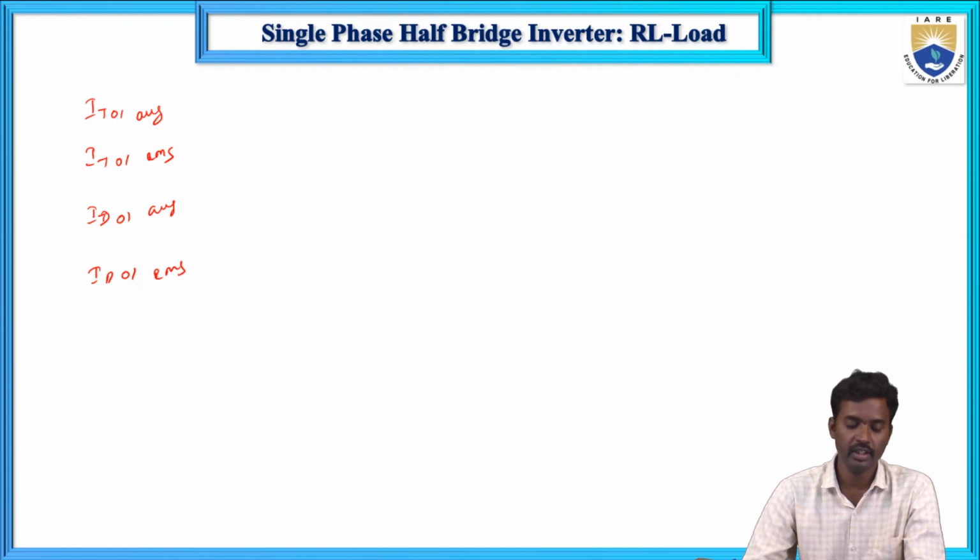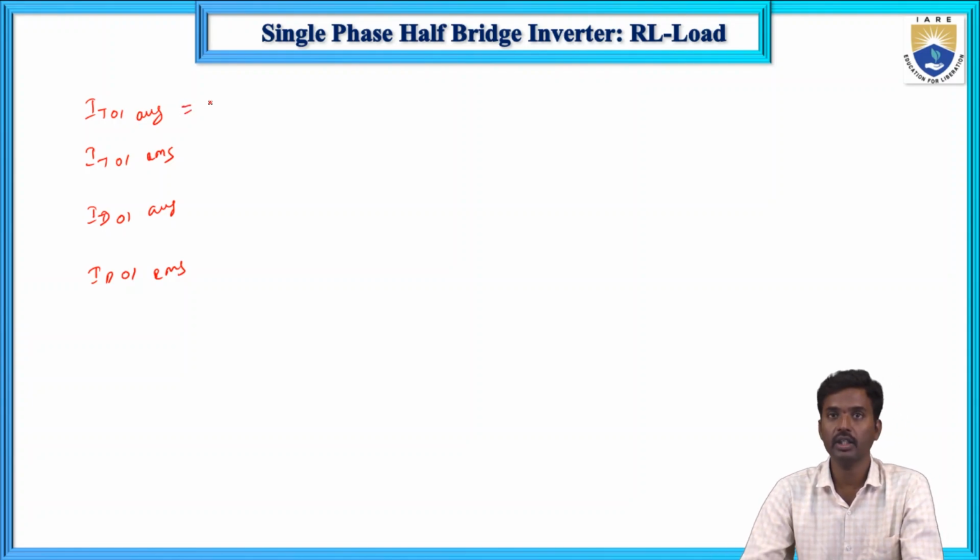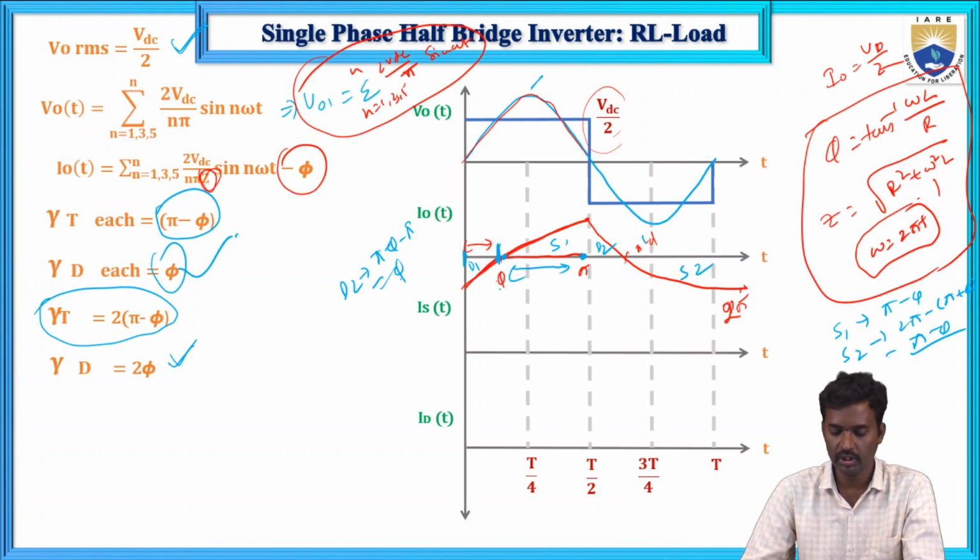How you will calculate this one? So here it is conducting up to what angle? So first IT of 01. It is conducting from phi to pi. This duration it is conducting.